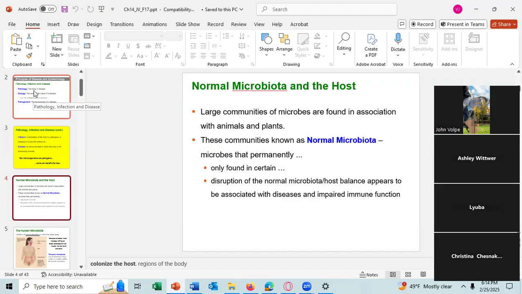Fortunately, most of the time when this happens, the normal microbiota host balance reestablishes itself, and then the patient quickly loses the disease or impaired immune function.